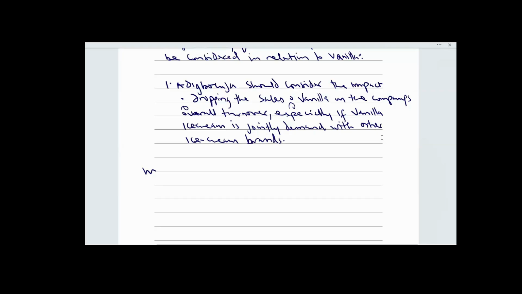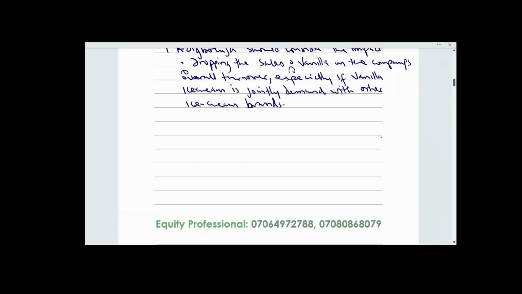They have to go to the competitor where they can get vanilla and other flavors mixed together. All right, so that's the implication of this. So before the final decision is taken, the company must consider the impact of the closure decision on dropping the sale of vanilla. That's point number one.